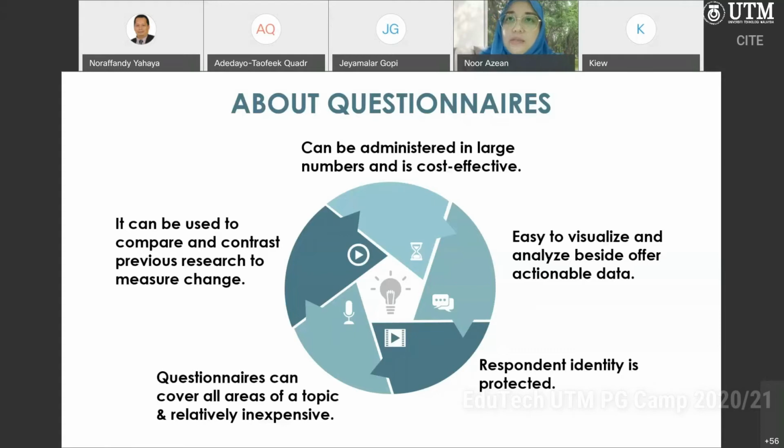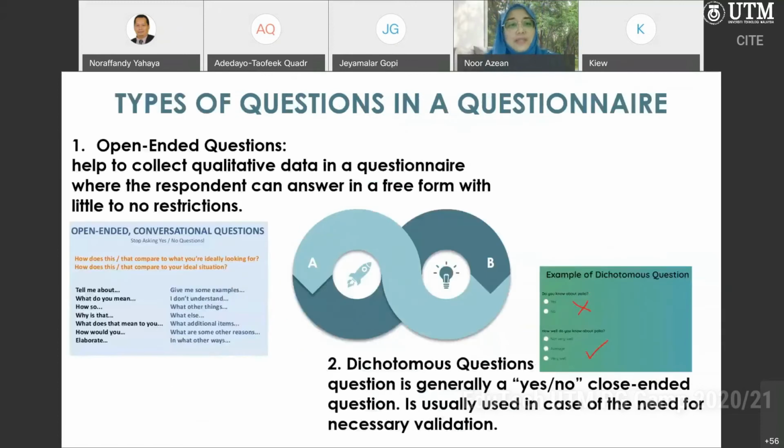Questionnaires are easy to visualize and analyze, and questionnaires also offer actionable data. Right, so it is clear one by one. Questionnaires can cover all areas of a topic and are relatively inexpensive. Right, so the questionnaire is easy to use, but the content of the questionnaire itself. All right.